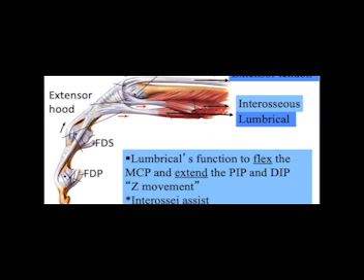So the contraction of the extensor tendon will allow us to extend all the way at each joint. That's why we don't have a separate muscle like what we saw earlier with the flexor digitorum profundus and superficialis, where superficialis only goes to the middle phalanx and the profundus goes to the distal. So this is a hood mechanism which allows us to do a full extension of our finger.